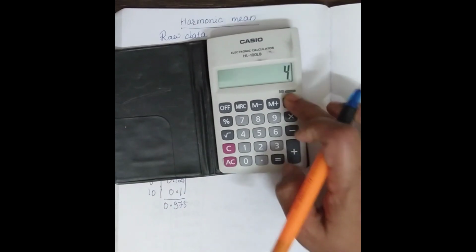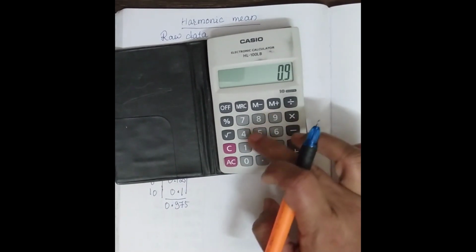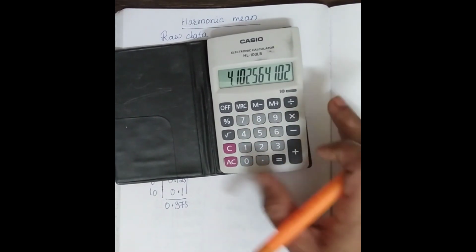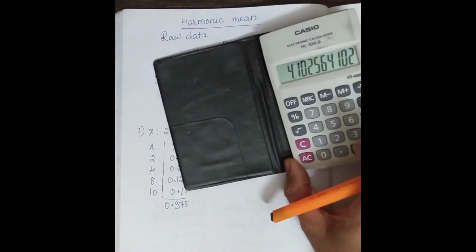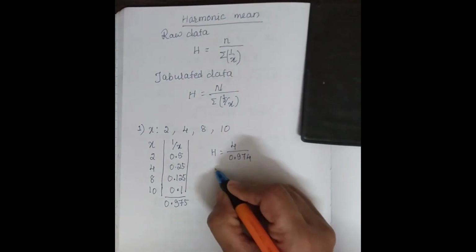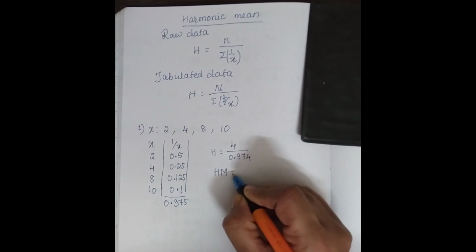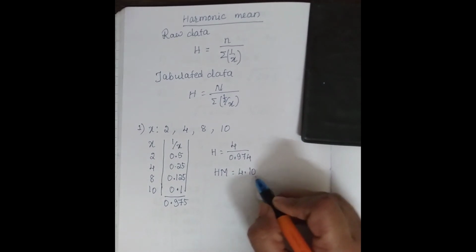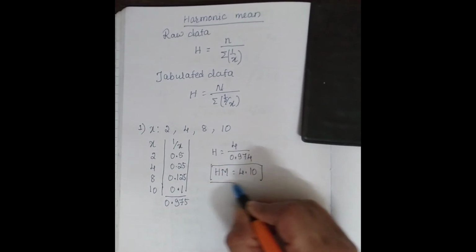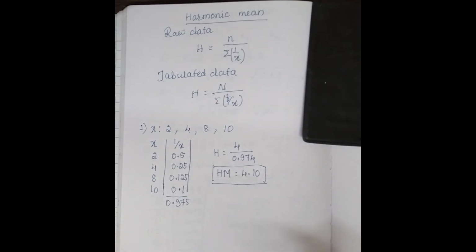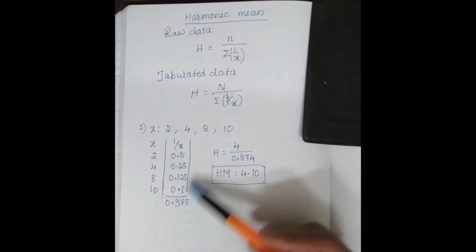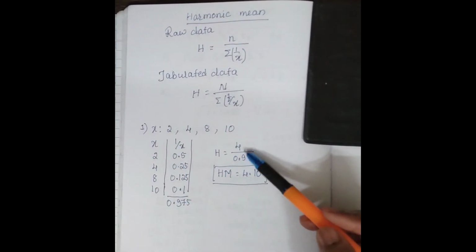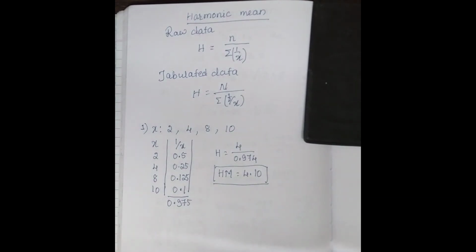Then we calculate 4 divided by 0.975 and we get 4.1025. HM is equal to 4.10. Okay, this is the answer. It is very easy. 1 by x you take the total of that and substitute it in the formula. That is the harmonic mean for raw data.